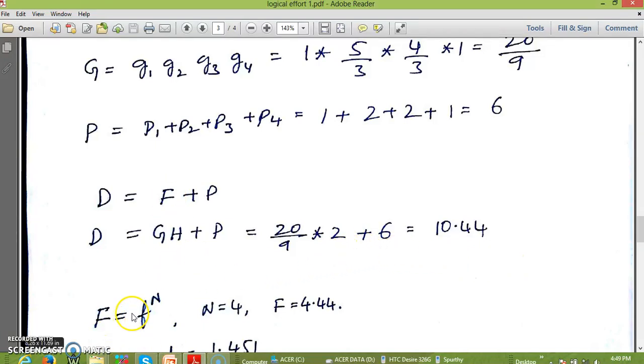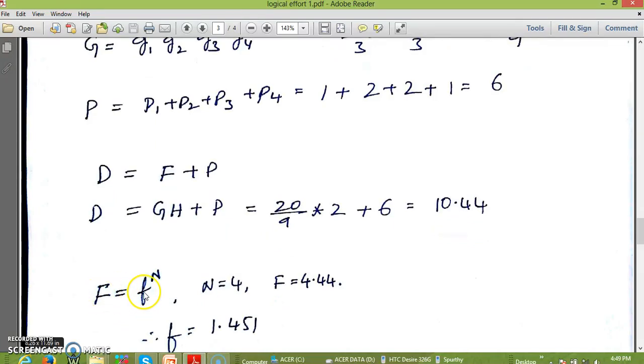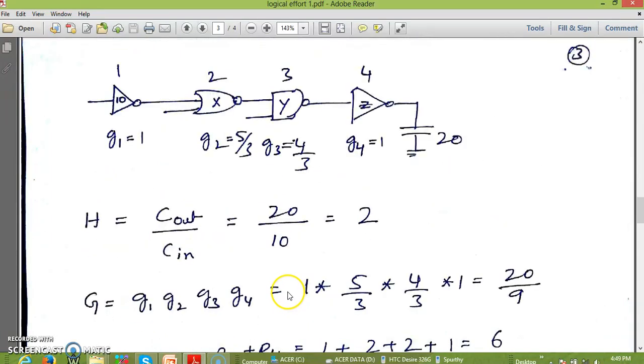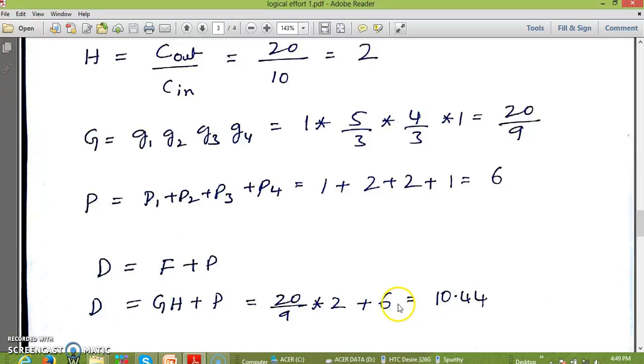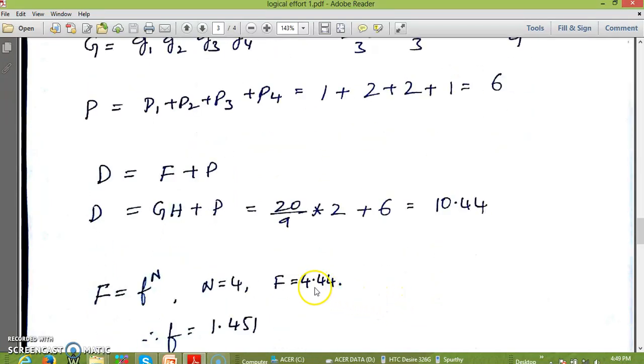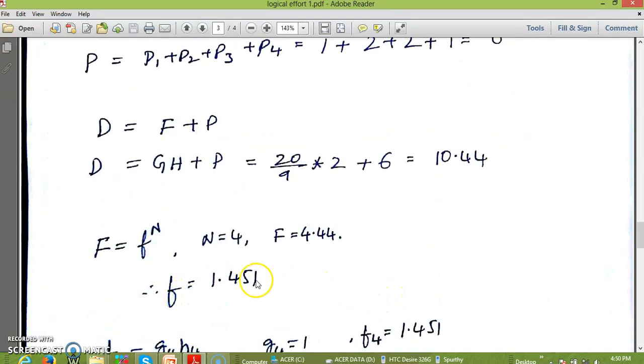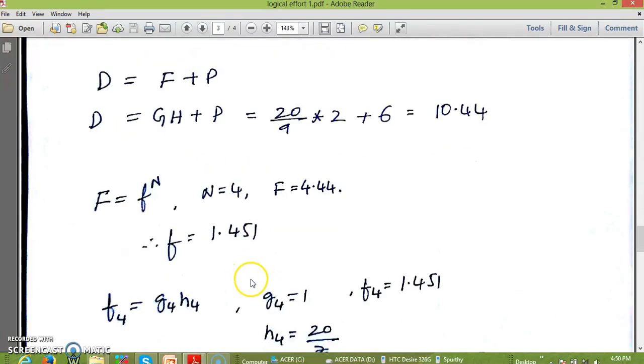Now we know from the previous classes that if F is the overall effort, then f is given by F to the power 1/N, where N happens to be the number of stages here. Since N is equal to 4, here it is 1, 2, 3, 4, these are 4 stages, from which you can get the value of small f, which happens to be 1.451.